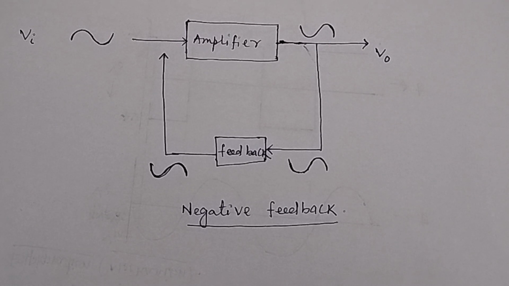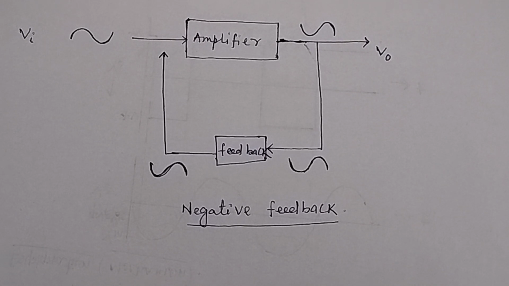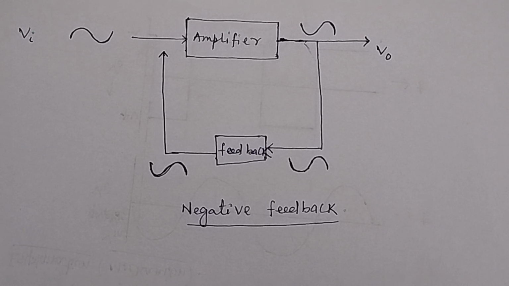So you will write what is feedback in amplifier. Feedback is a technique in which a portion of output returns to the input, and you have two types of feedback. One is positive feedback, another one is negative feedback. So why do we not use positive feedback in amplifiers?